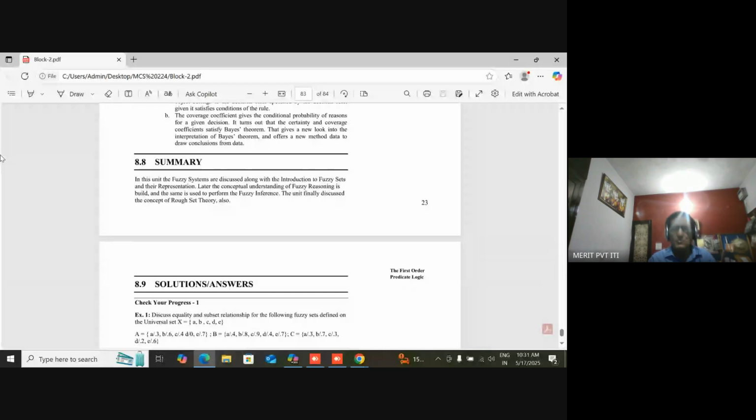You can go to Google and check up the name of the author of the fuzzy logic. That's the easiest. Go to Google and find out who is the author who started this fuzzy logic.